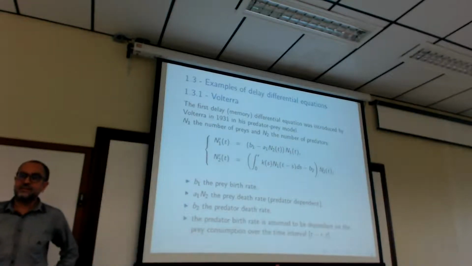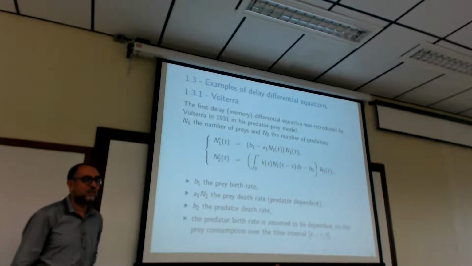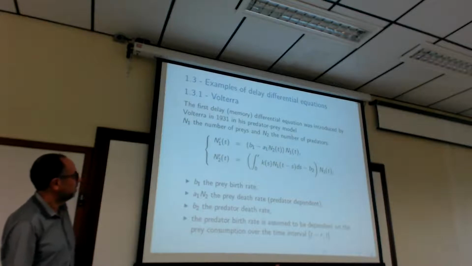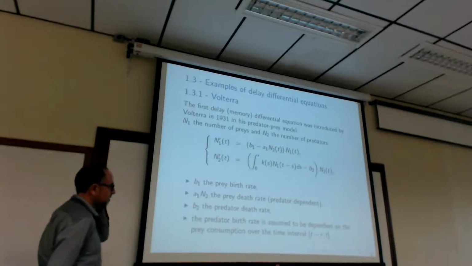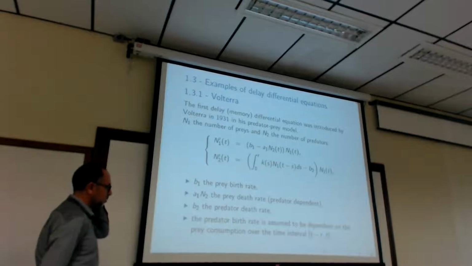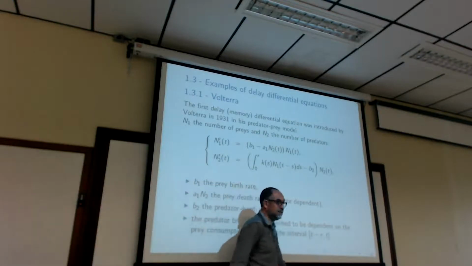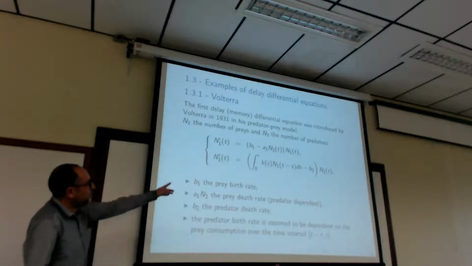The delay is the time to take into account the consumption of the prey and to evolve. This is why the predator birth rate here is assumed to depend on the prey consumption over the time interval t minus r, t. Here we choose to take the difference.